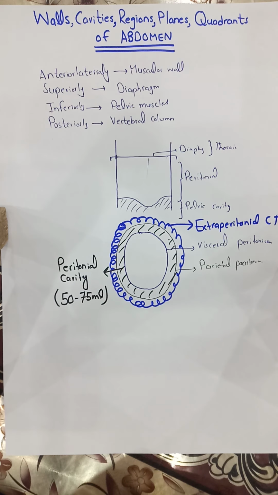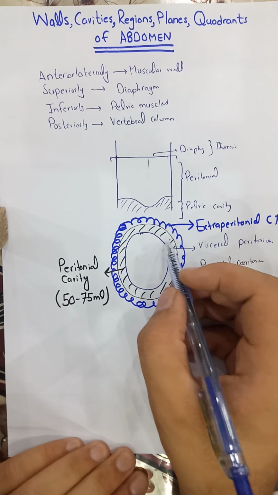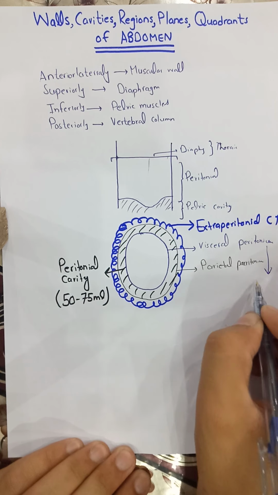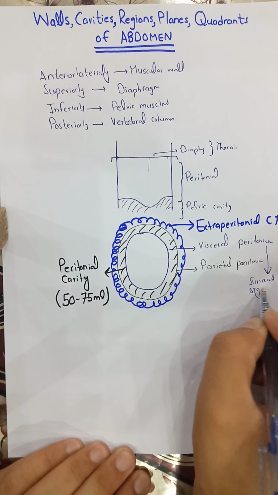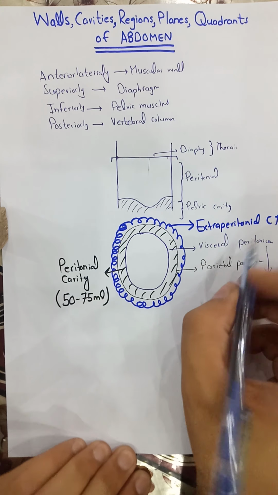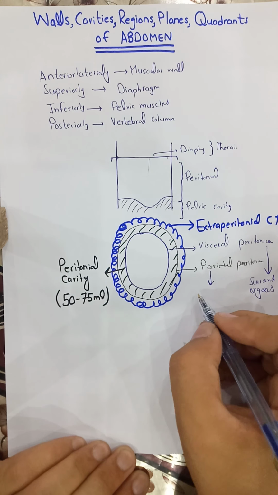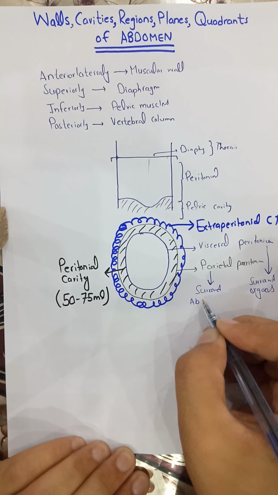Now you must note that this visceral peritoneum is actually surrounding the organs, and this parietal peritoneum will be around the abdominal wall.